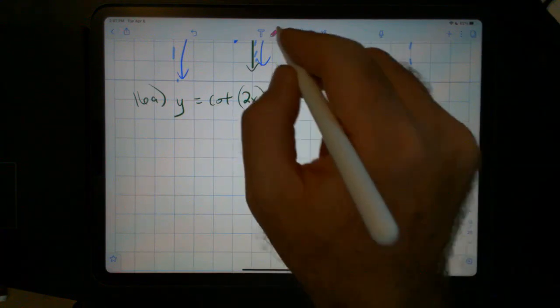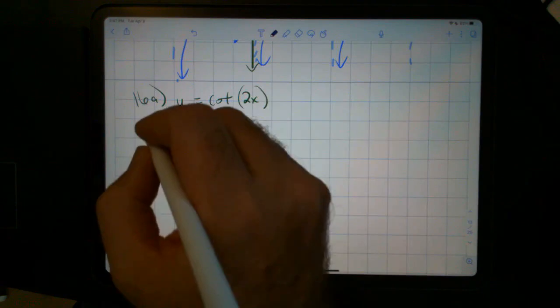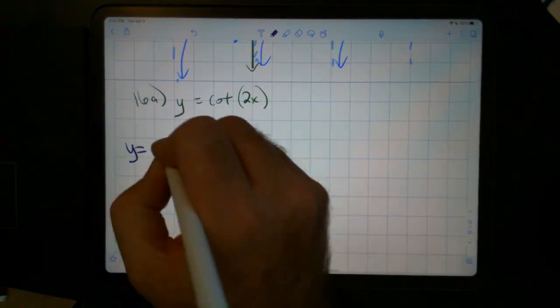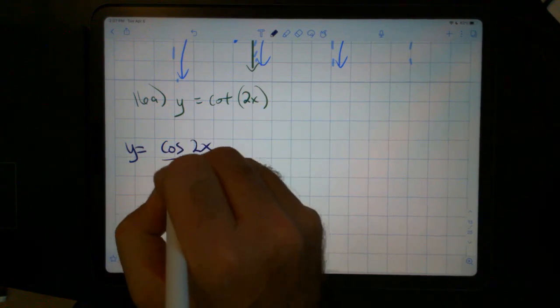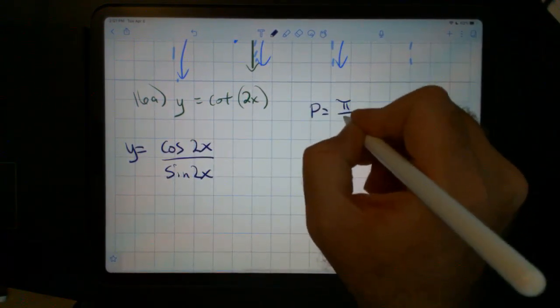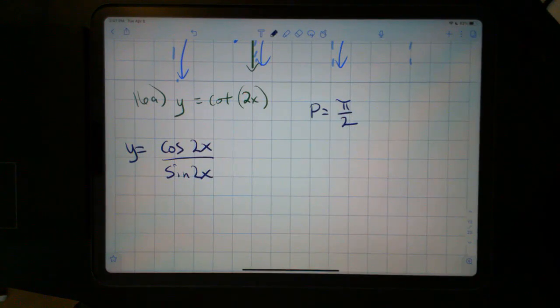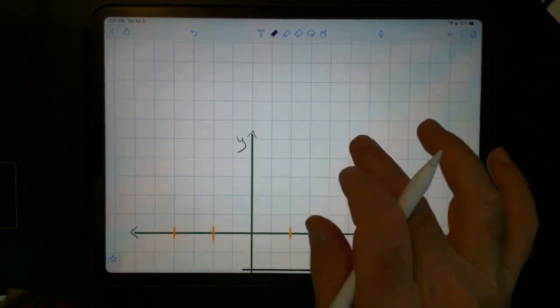Okay, y equals cotangent of 2x. Okay, well, this is the same thing as so the period is going to be pi over b. And so period is pi over 2.